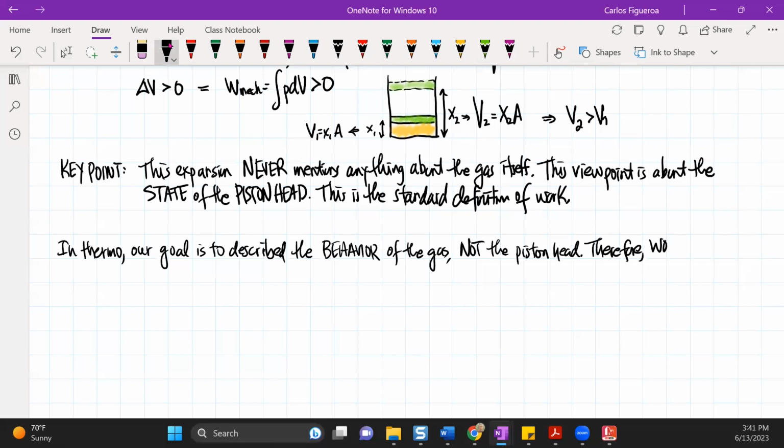Therefore, work has to be redefined. And this way, we interpret the increase and decrease in microkinetic energy. So here we go. We're going to redefine work, or maybe I should say mechanical work, as thermal work.